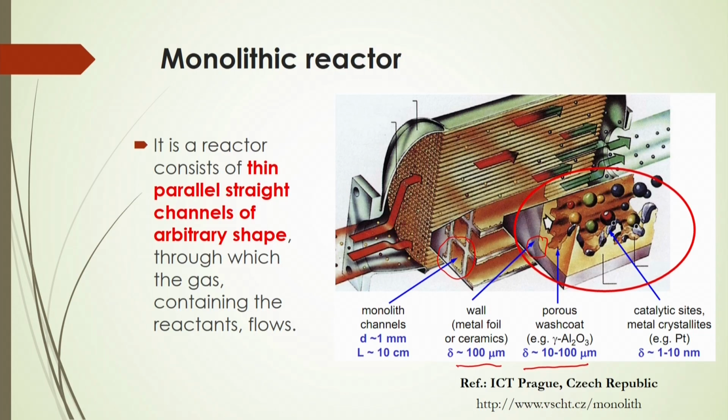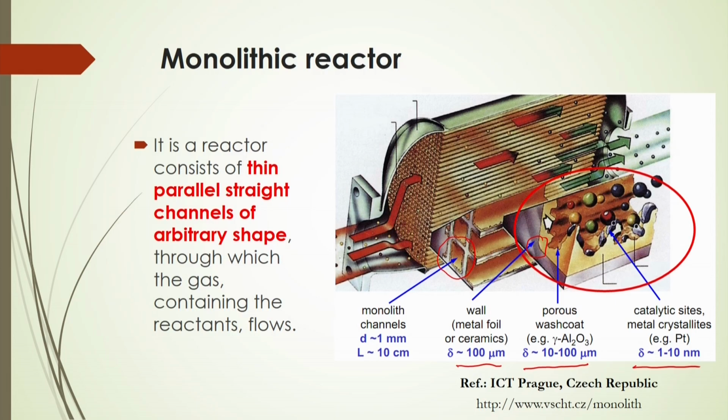Also there are catalyst sites, metal crystallites, like platinum based catalytic sites, a platinum catalyst. Over the wash coat there will be catalytic material, and this layer thickness is in the 1 to 10 nanometer range.